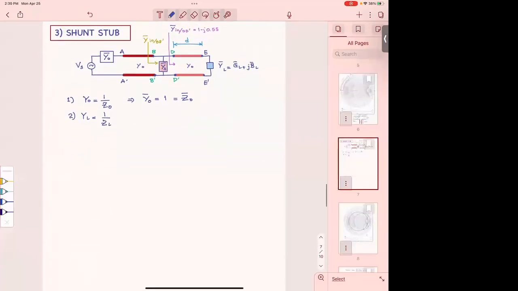All right. Now, YL equals 1 over ZL. So that implies, before I do anything else, that if ZL equals R sub L plus J X sub L, then your YL is not the inverse of each one of those. I'm saying that because I have seen many students making that mistake.